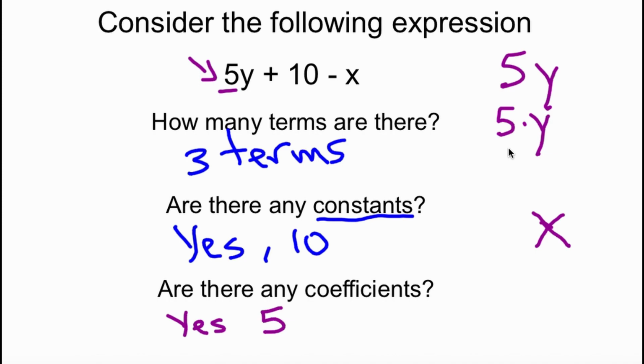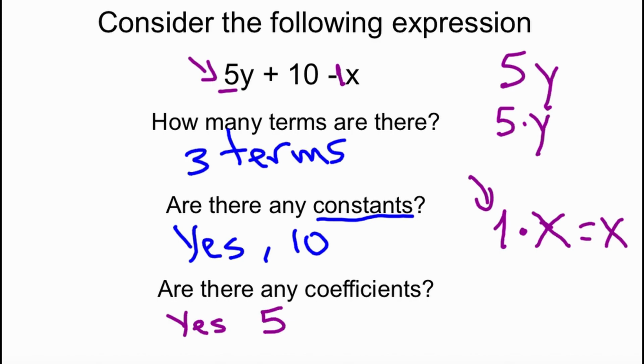Now the x, how many x's are here? You have 1x. So you can technically write that as x times 1 or 1x. But we all know that 1 times anything is the same thing, or itself. So 1 times x is simply going to give you x. So when we write an expression, the coefficient of 1 will always disappear. Think of it as an invisible coefficient, because 1 times anything is the same thing.